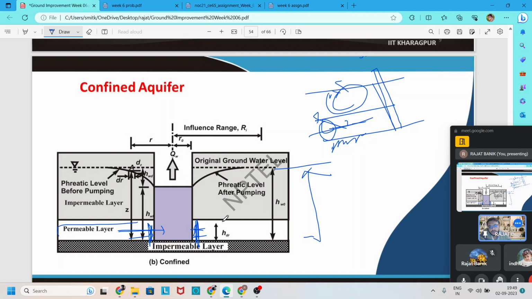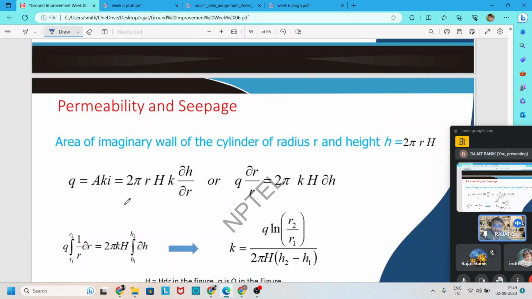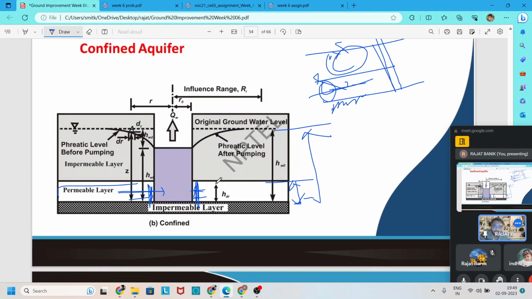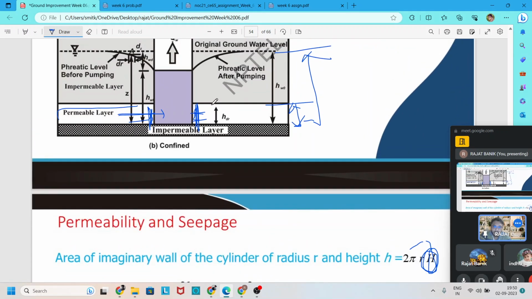So the height of the arbitrary well is fixed, that is H. Now all the arrangement is fixed here, the only change is the capital H, which is nothing but the height of the permeable layer, and that is fixed.